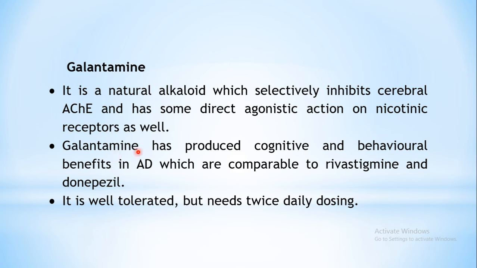Galantamine also produces improvement in cognitive functions, and behavioral improvement is also seen. Again, this drug is well tolerated, with fewer side effects, but as we have seen, the half-life is short, so twice-daily dosing is required.